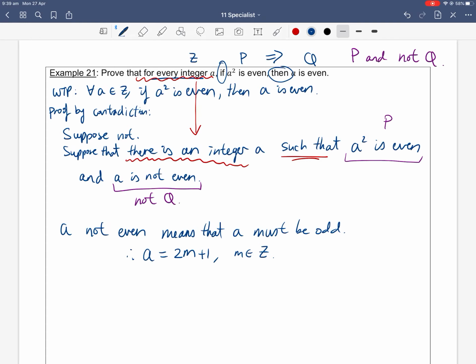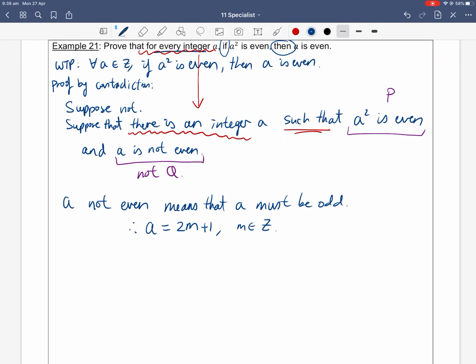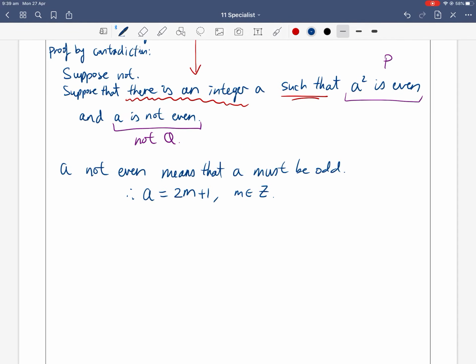If 2 is not a factor, then 1 after it is odd. We're looking at a squared in our statement, so let's square a. So a squared is (2m plus 1) all squared. You see this all squared trick again. So a squared is 4m squared plus 4m plus 1.